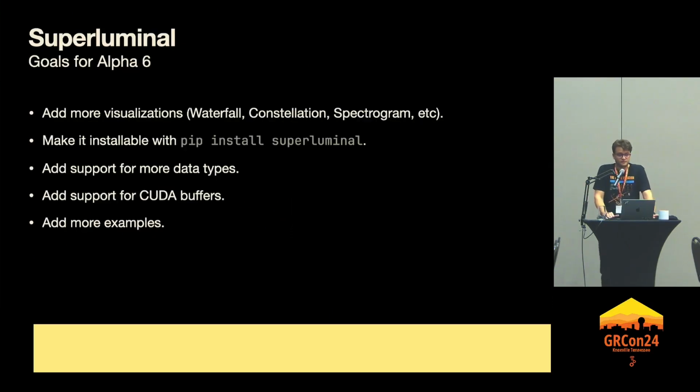The future goals for Superluminal are to add more visualizations like waterfall, constellation, spectrogram, and make it installable by pip install superluminal, just that. It would pull down a compiled version of CyberEther and Jetstream and install it on your computer with a single line of code.